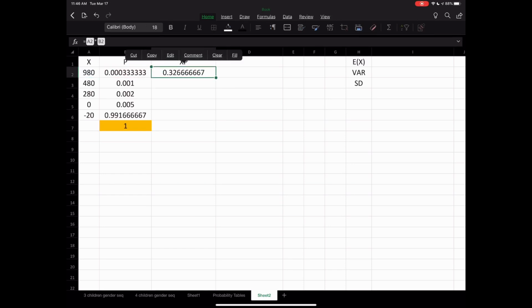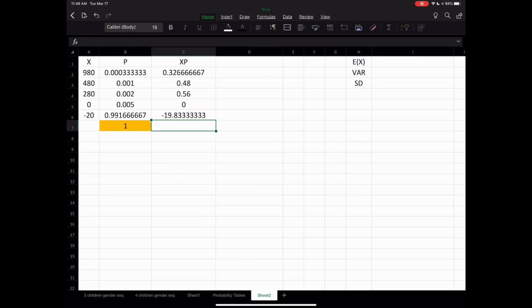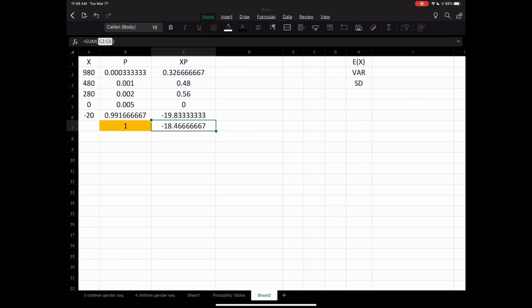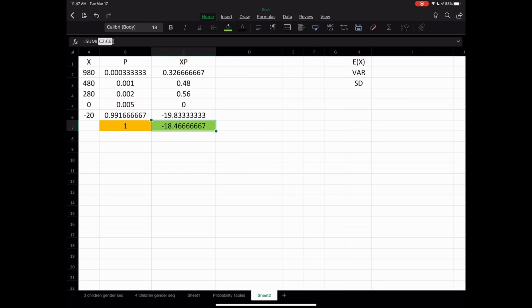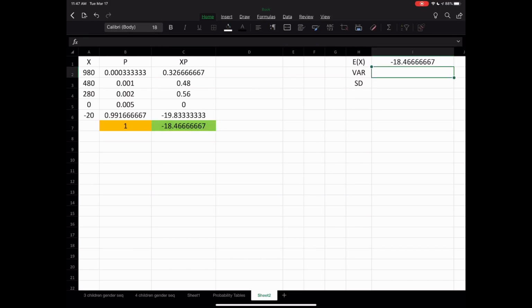I drag it down, and I simply add them up. That will be my expected value. So my expected value is basically this number there. Here I just say equal to, click on that number, and transfer that number there. There's my expected value.